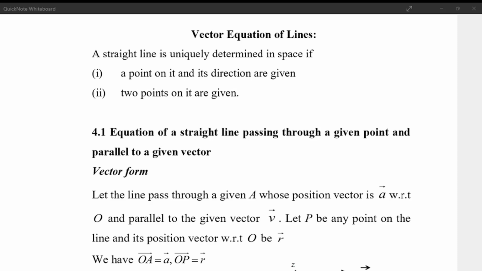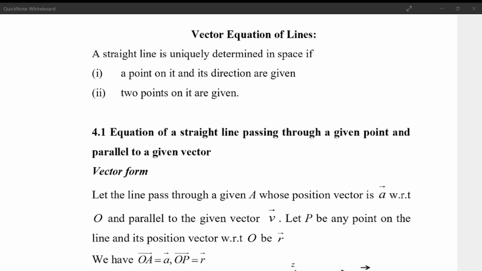We are saying that a straight line is uniquely determined in space if there is a point on it and its direction is given, or 2 points on it are given. What are we trying to mean here?